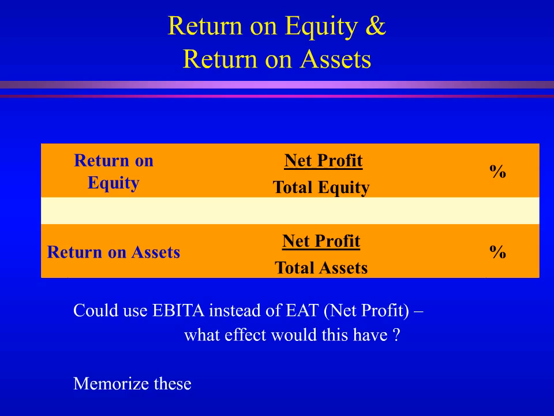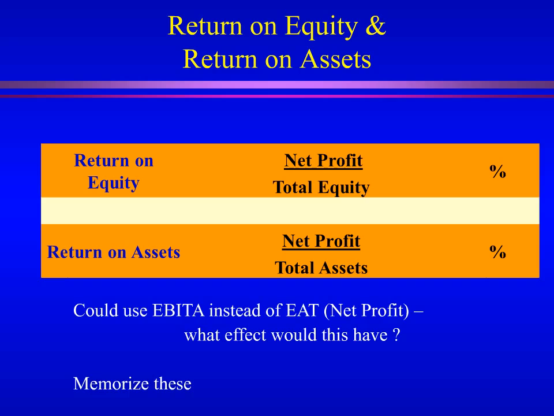So these are sort of finer definitions. For what we're up to, we're just going to use the net profit. It gives more of a conservative number, and more of a number that the average person, including, I'm not going to slag bankers, but including what bankers look for, they typically look at the net profit versus total equity and versus total assets, and so does the average small business investor.